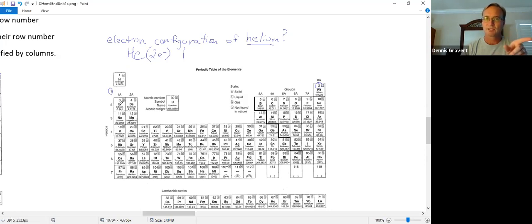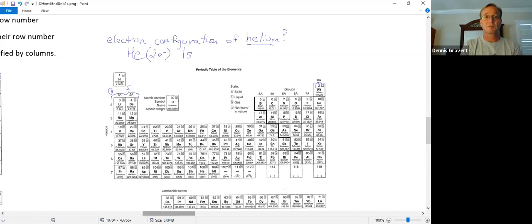So hydrogen is above column 1 here, the S block. So the first electron in helium is configured the same as hydrogen's one and only electron. First row, S block.